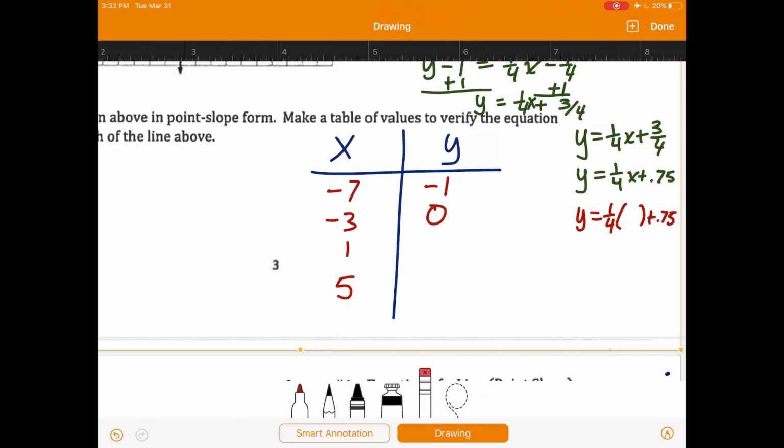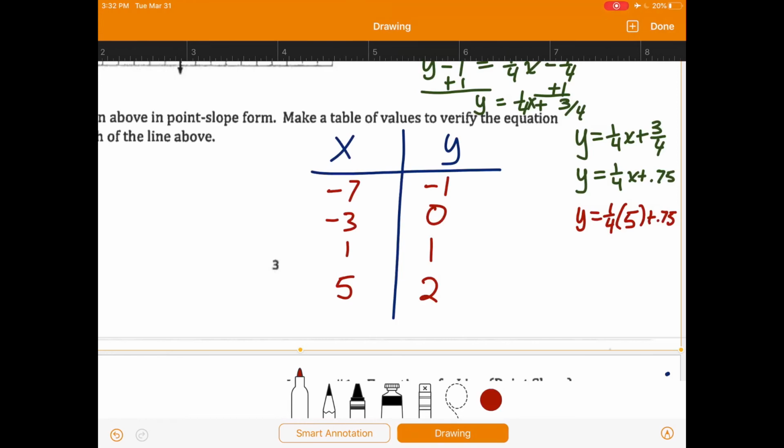If you replaced your x value with 1, y is going to equal 1. And then if you replace this with 5 and plug that all in, you are going to get 2. Now, why do these numbers matter?